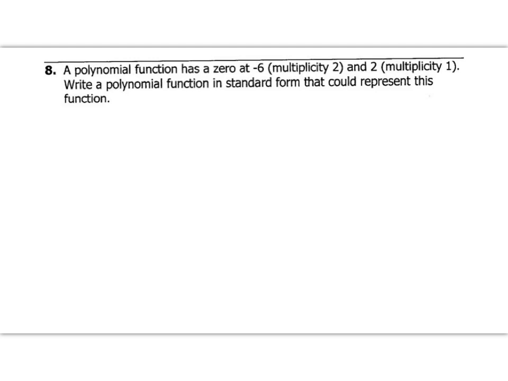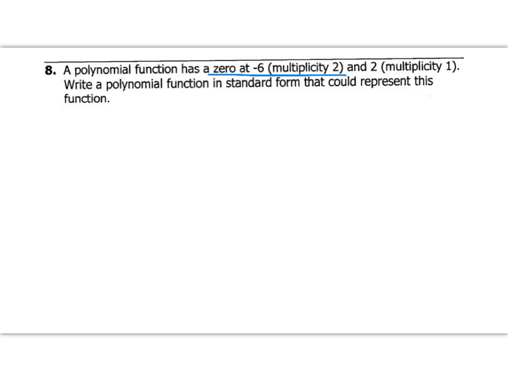All right, you could also see a problem that looks like this, where you're given that a polynomial function has a 0 at negative 6 with multiplicity 2, and it has a 0 at 2, multiplicity 1. We want to write a polynomial function in standard form that could represent this function. So start by knowing that the 0 is at negative 6 with multiplicity 2.